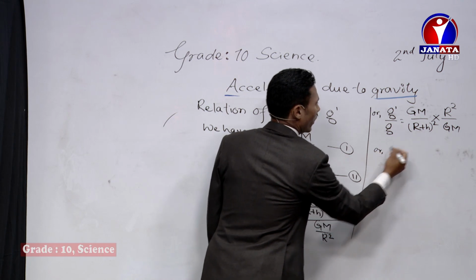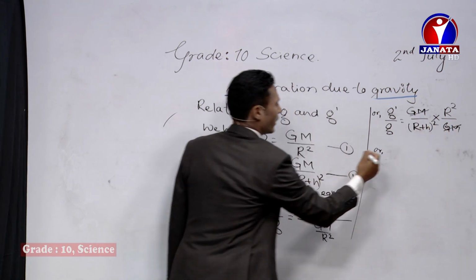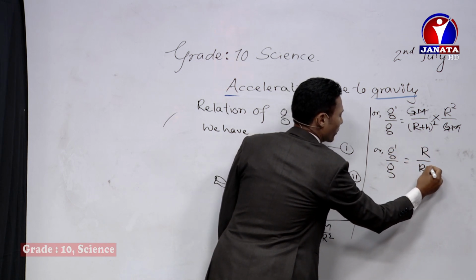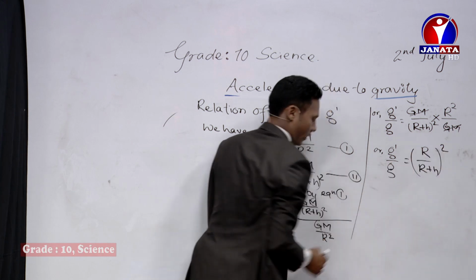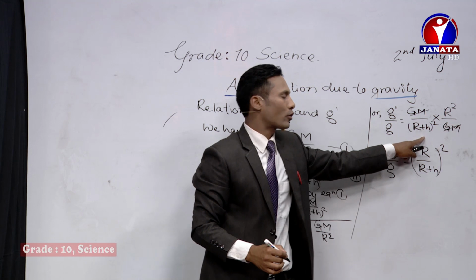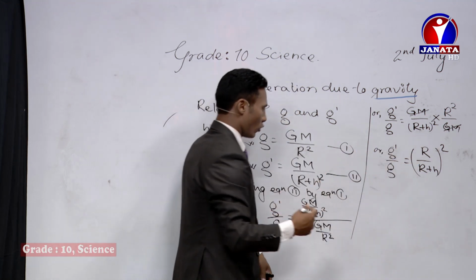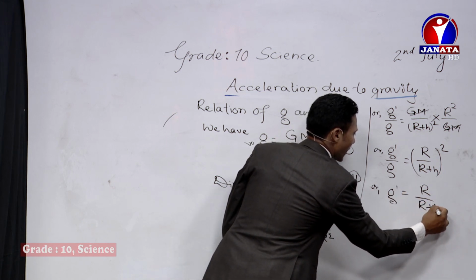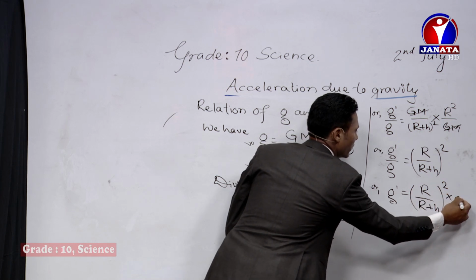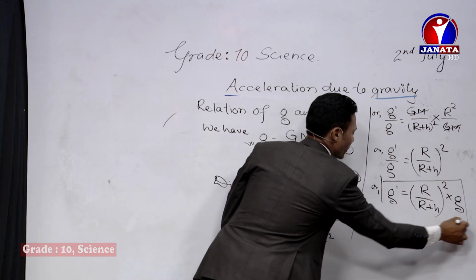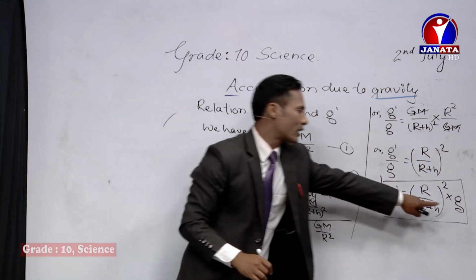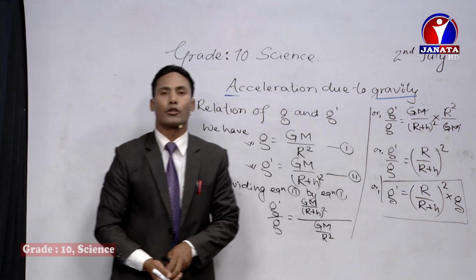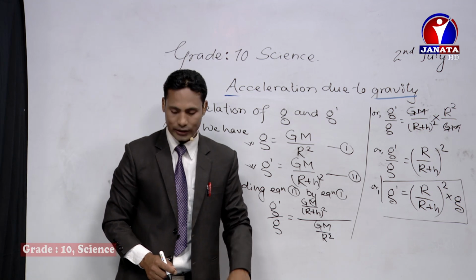Let's simplify: GM and GM cancel, that means g dash by g equals r by r plus h, to the whole square. Here is square and here is square, so I have included this in the same bracket. One more step: g dash equals r by r plus h to the whole square into g. This is the relation between g and g dash, that is, the acceleration due to gravity at the surface of earth and the acceleration due to gravity at a certain height.